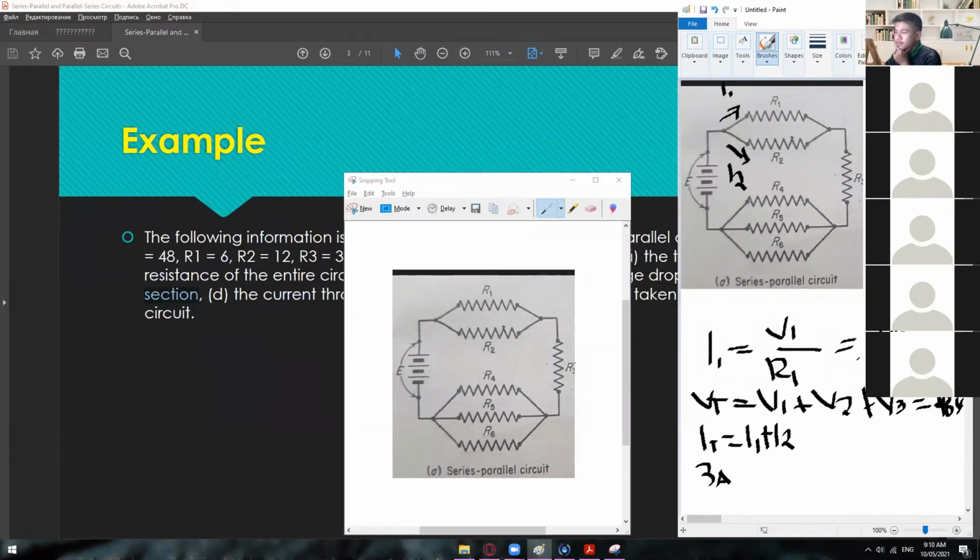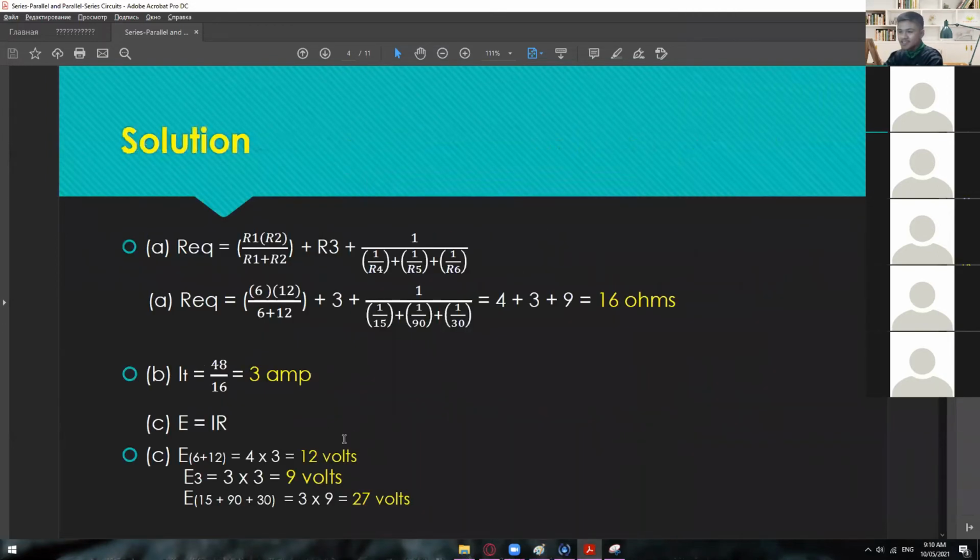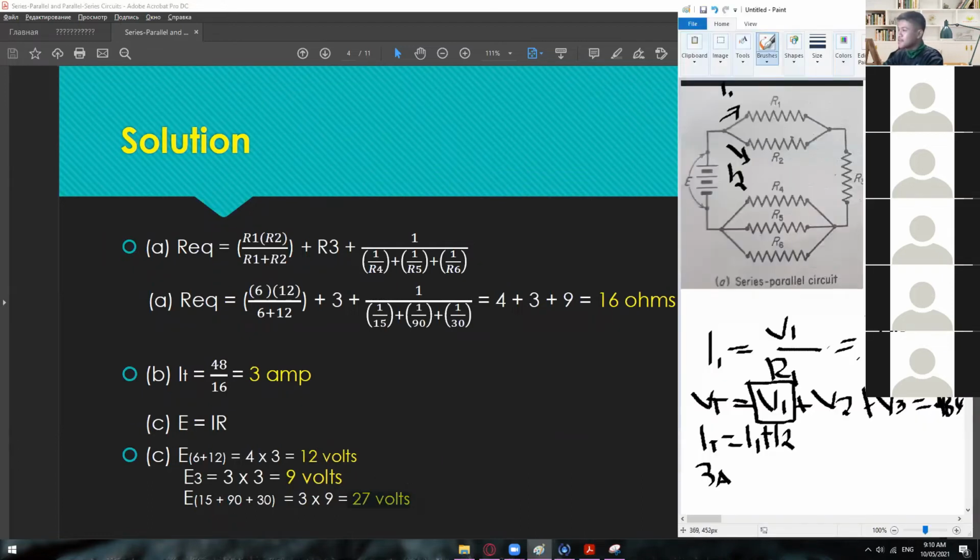So in here, if you're going to divide this 1 by 3 section, kailangan muna natin kunin yung section na to, which is, eto 12 volts, and then 9 volts, and then 27 volts. A total of 48 volts. So hindi pala 48 volts yung gagamitin natin. May bad.